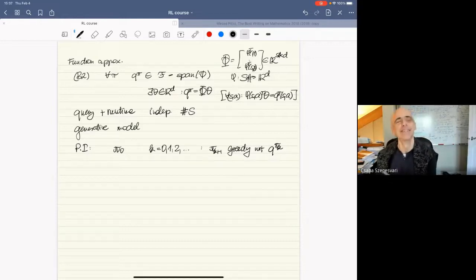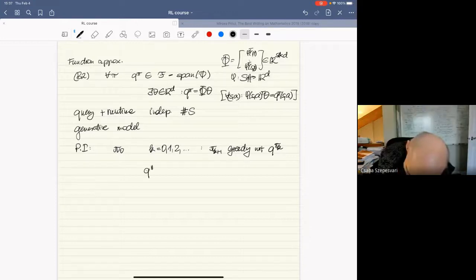And the reason this is hopeful is because of our assumption B2: this action value function of the k-th policy can be represented compactly with just d parameters.